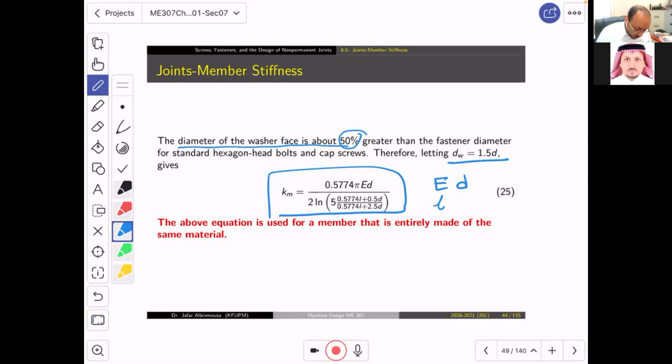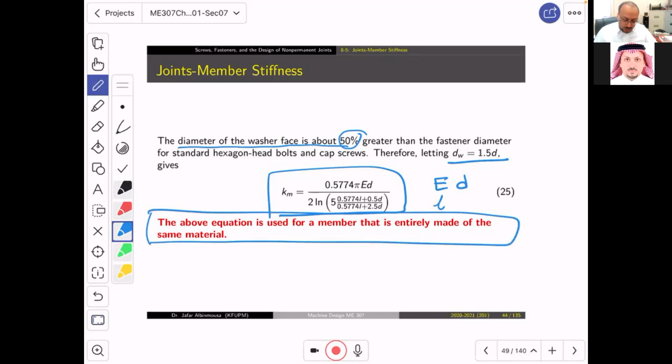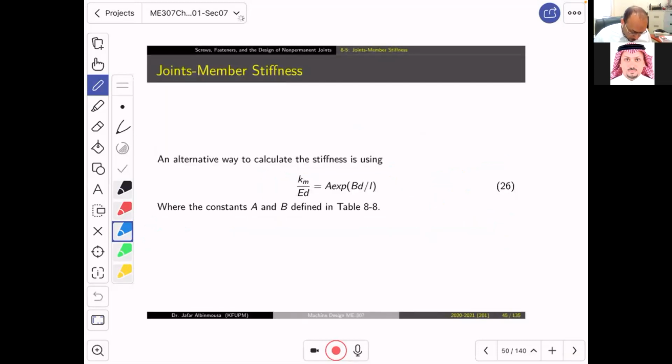This is why I wrote this as a note for you. This equation includes everything in between. Now, there is another relation which is in the book, which has been developed for a few certain conditions.